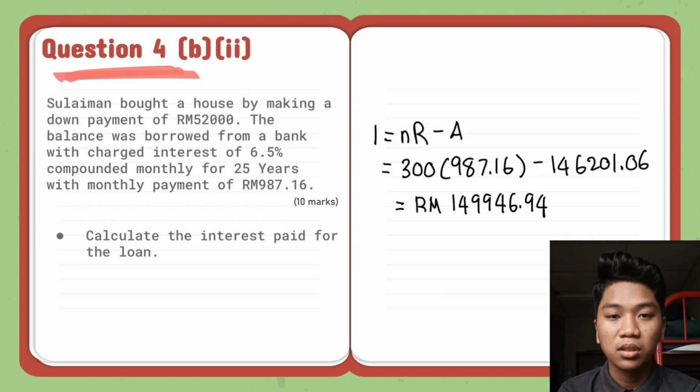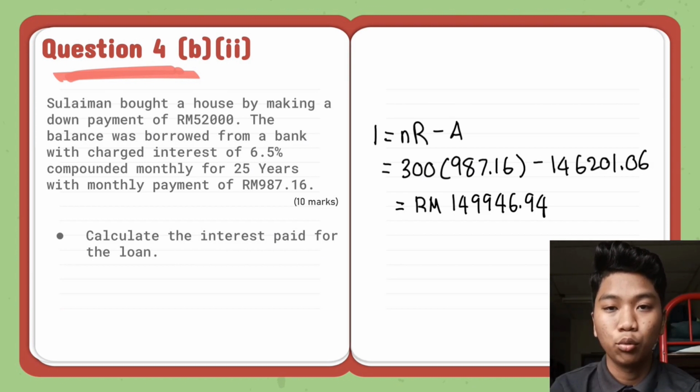From the question for 4B1, we already got A equal to RM146,201 and 6 cents, R equal to RM987 and 60 cents, and n equal to 300 by using n equals m multiply t, which is 12 multiply 25.